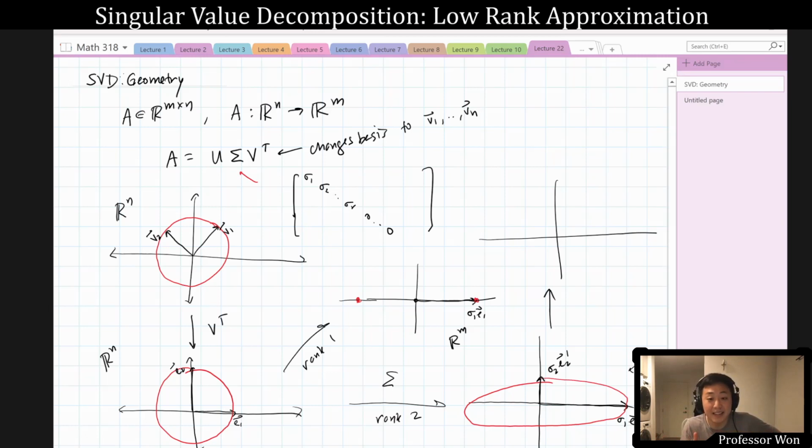That's U2. So there is some basis over here, U1 and U2. So maybe let's draw U1 here and U2 here. Remember, it's again an orthonormal basis. And sigma 1 U1 is like this. Sigma 2 U2 looks a little bit smaller, so maybe this is sigma 2 U2.